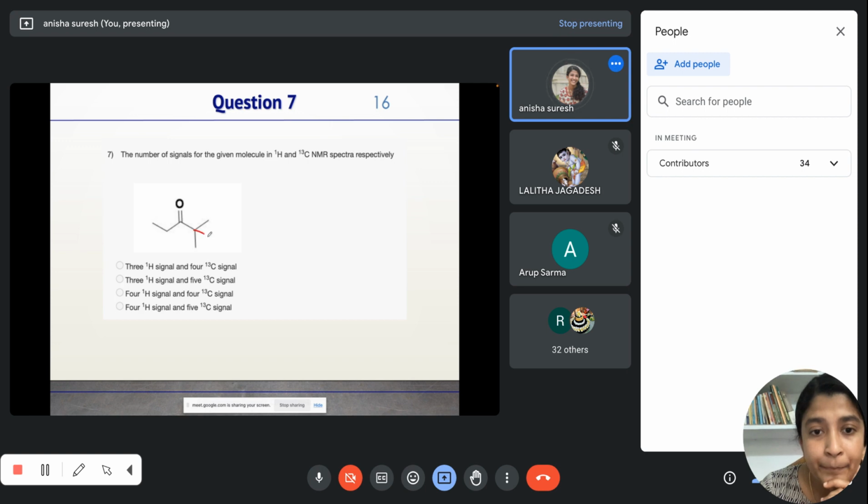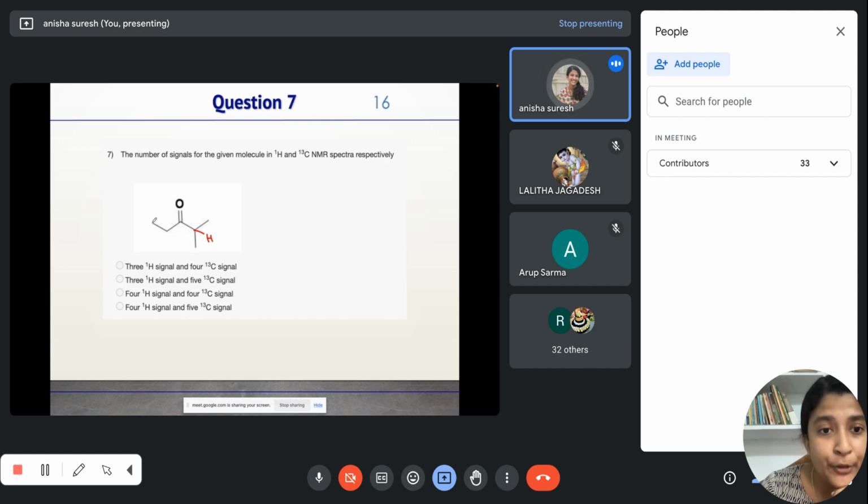And here there will be one CH. This will be the third proton signal. And these two CH3s will be identical as they are in the same chemical environment. So this will be giving the fourth proton signal.